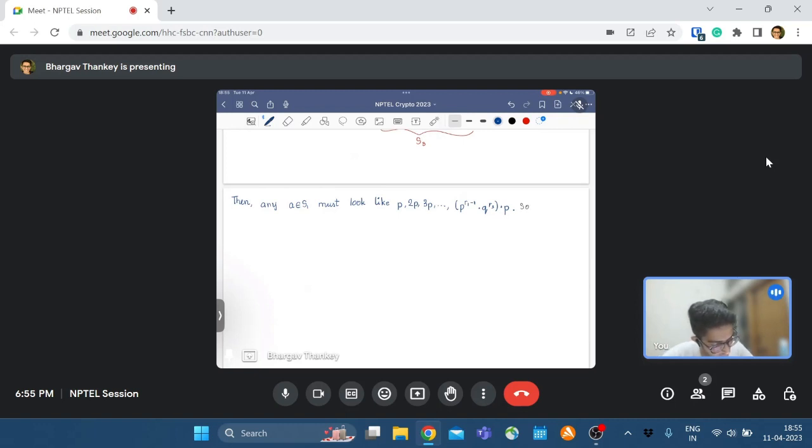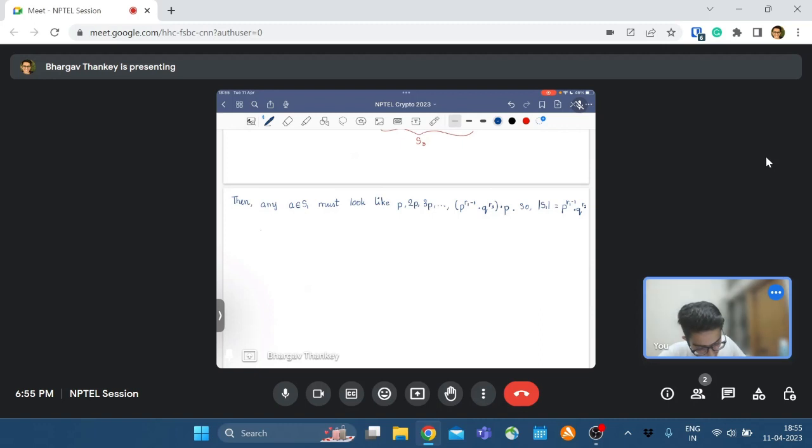So the size of S1 is equal to P to the R1 minus 1 times Q to the R2. Because if you look over here, the first multiple was 1, the second multiple was 2, the third was 3, and the last one was this. There are these many numbers.